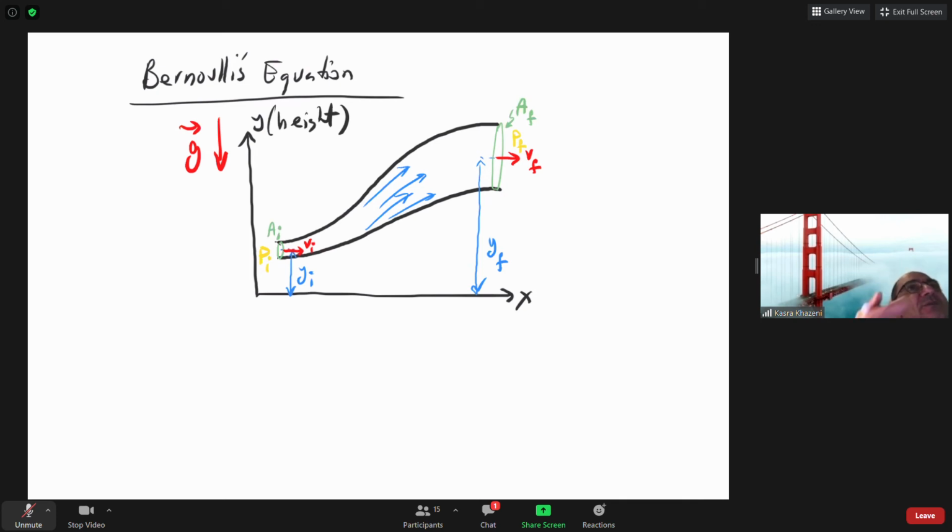Okay, so we all know that the work-energy theorem says that the change in kinetic energy is equal to the work done on the system.